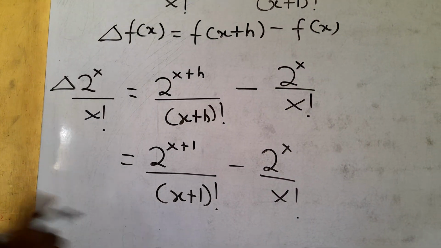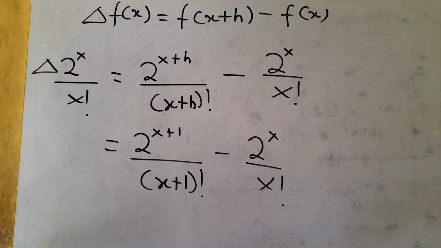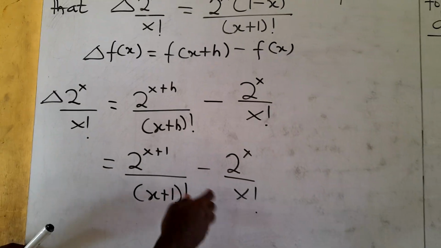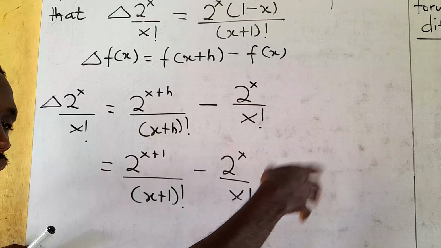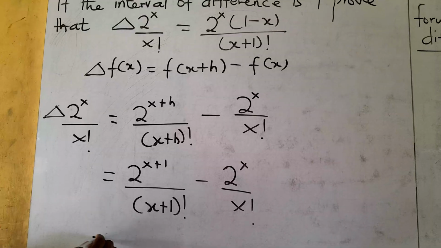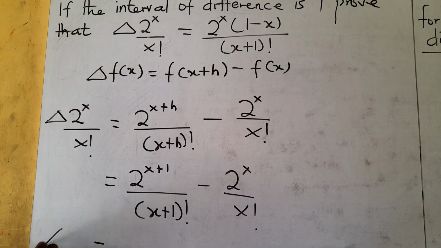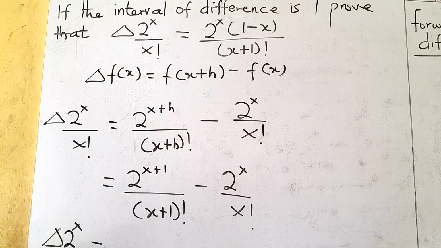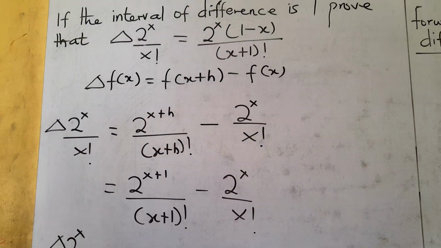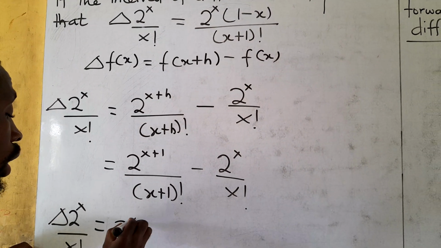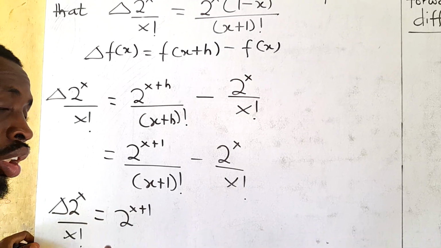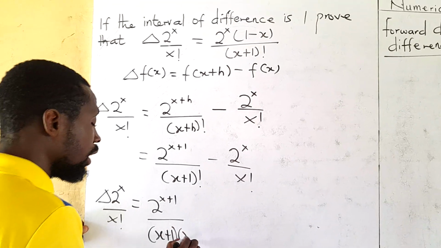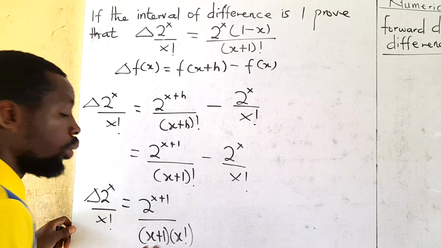Remember, x plus 1 factorial can be written as x plus 1 times x factorial. So the delta of 2 exponent x over x factorial will be equal to 2 exponent x plus 1 over x plus 1 times x factorial. I hope you get that.